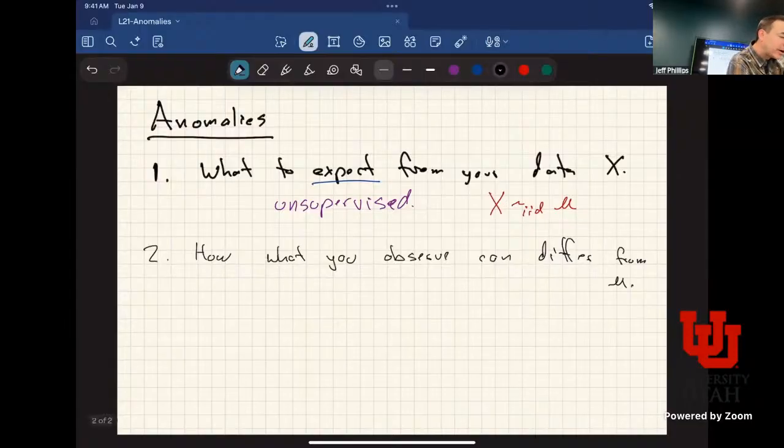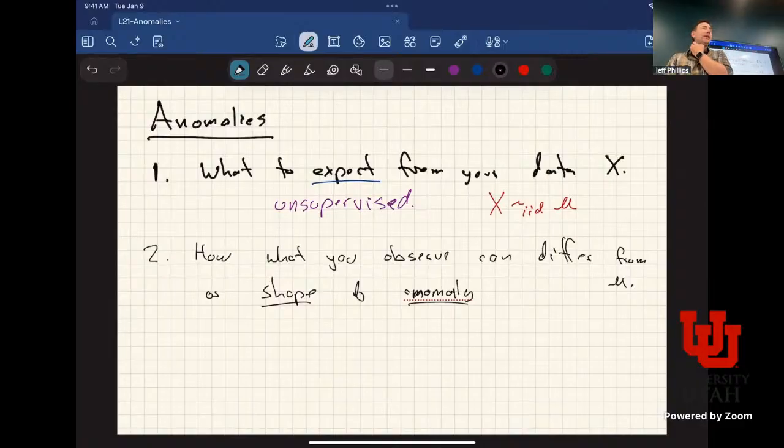You could think of this as the shape of the anomaly. All right, so I want to somehow define what the anomalous region could be.